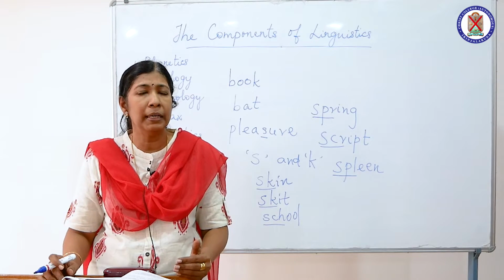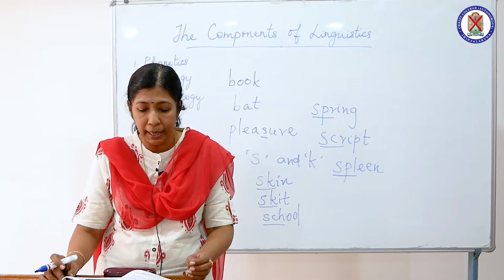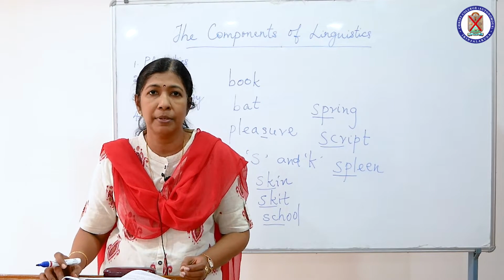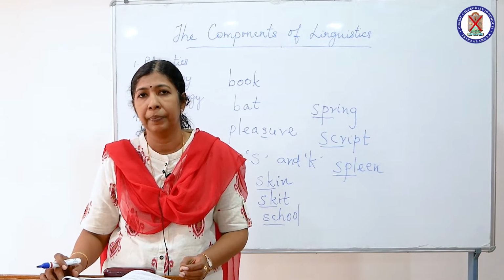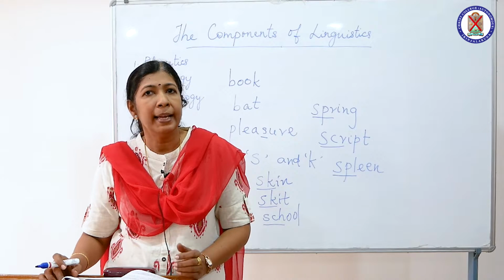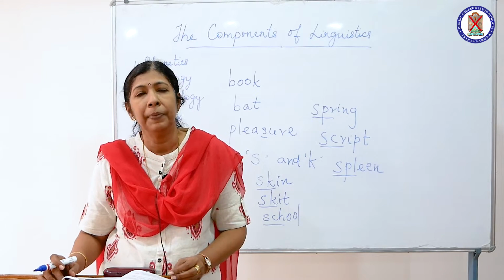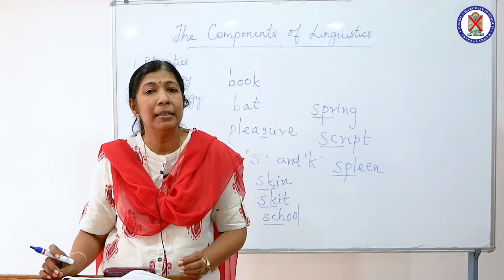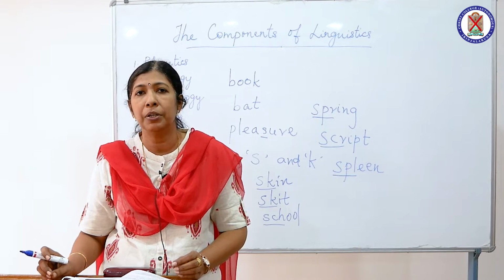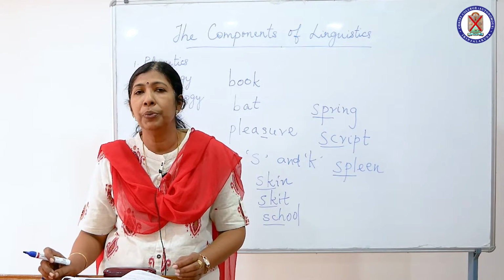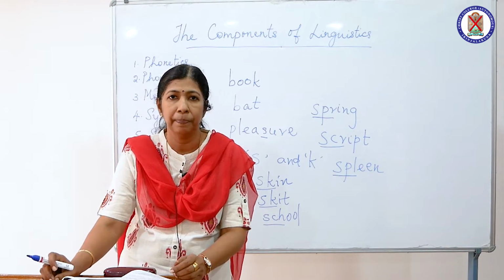Phonology is also concerned with the study of sound units called phonemes. What is a phoneme? A phoneme can be described as a minimal distinctive unit of speech, or it is the smallest unit of speech sound.